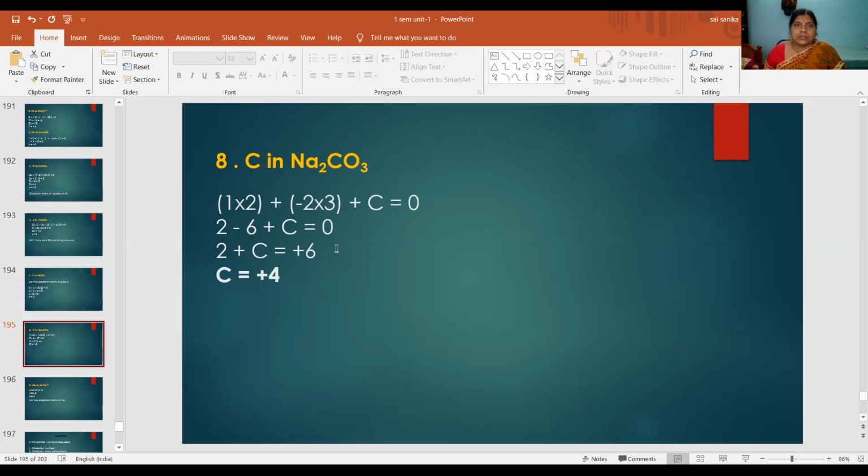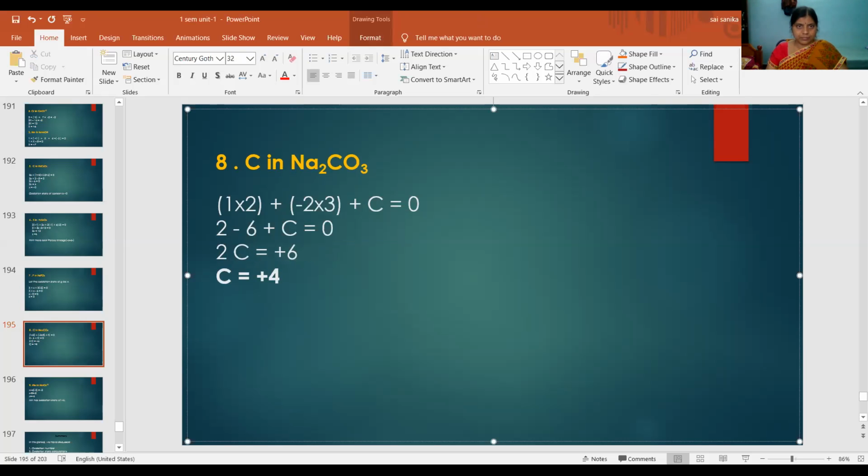This calculation is becoming 2 minus 6 plus 4, C minus 4 here. So C equal to +4.